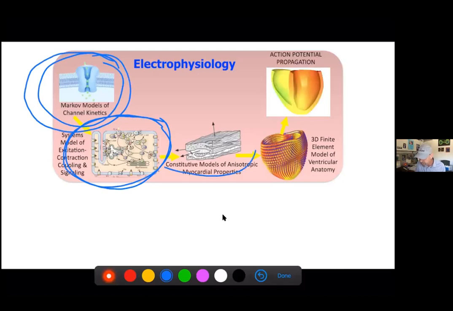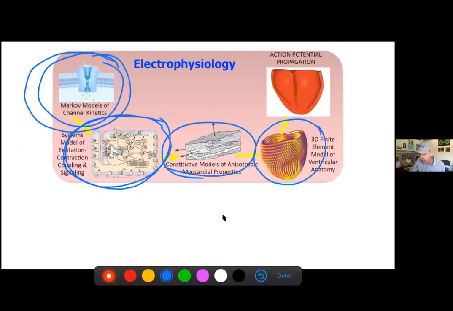Then we couple the cells together in a model that has the electrical coupling conductivity from cell to cell, so the action potential can propagate. And then it propagates primarily along the direction of the muscle fibers in the heart. So we need a model of the whole heart that has the muscle fiber architecture in it, which we determined by diffusion tensor magnetic resonance imaging.